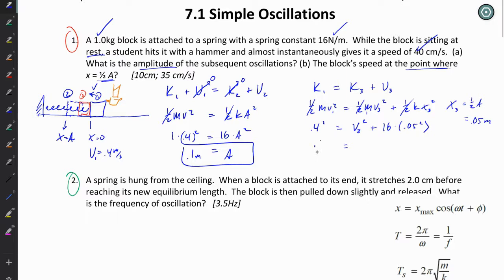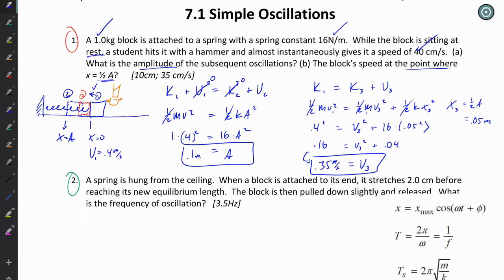And so we get 0.16 equals v3 squared plus 0.04. It turns out that v3 is 0.35 meters per second. I skipped a little bit of algebra, but I think you can do that. So that's what's going on with problem number 1.